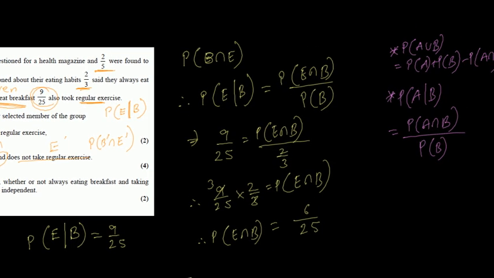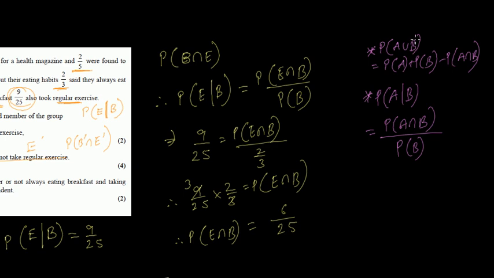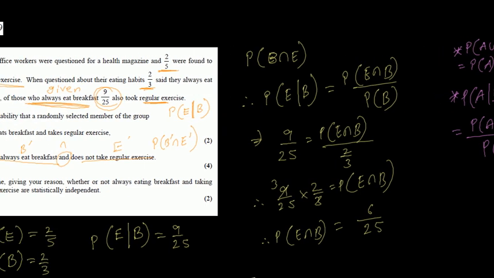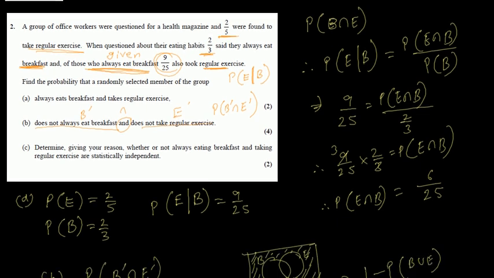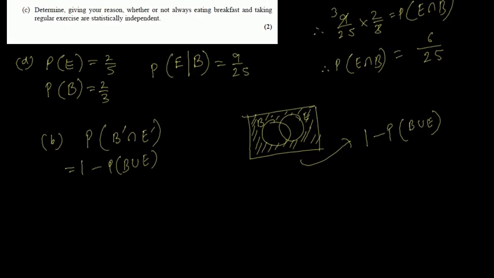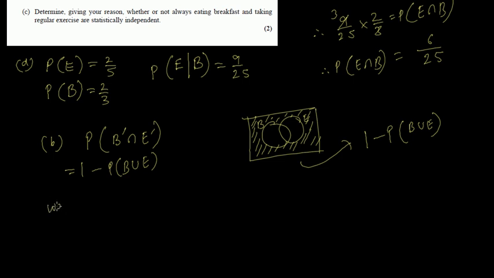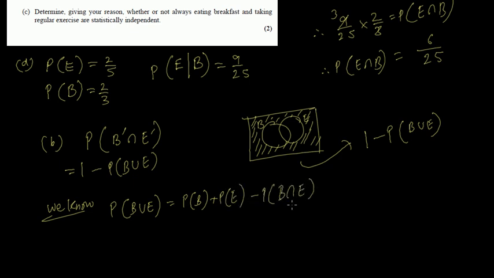So the probability of the first set union the second set is add up the two probabilities, subtract the intersection. Remember what we just found. We just found the intersection. The union can now be easily found using this. We know probability of breakfast union exercise equals probability of breakfast plus probability of exercise minus probability of breakfast intersection exercise.